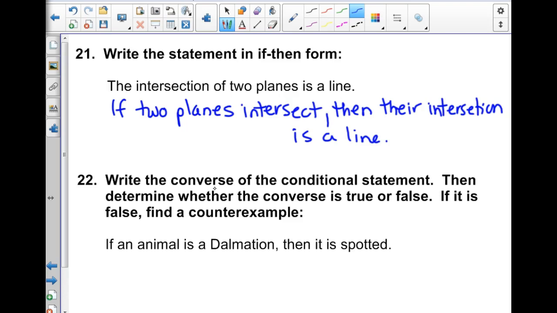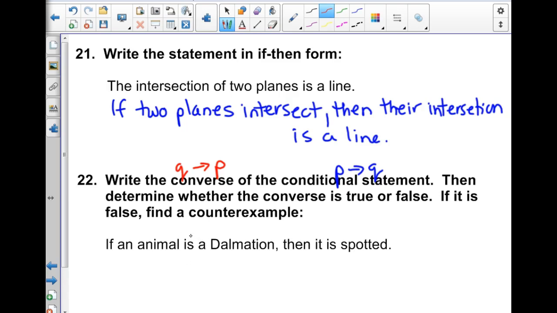All right, we're going to write the converse of the conditional statement. Remember, a conditional statement is if P, then Q. The converse, and it is on your fact sheet or your reference sheet, switches the hypothesis and conclusion. So it's if Q, then P. We're also going to determine the truth value of the statement, and if it's false, we're going to find a counterexample.